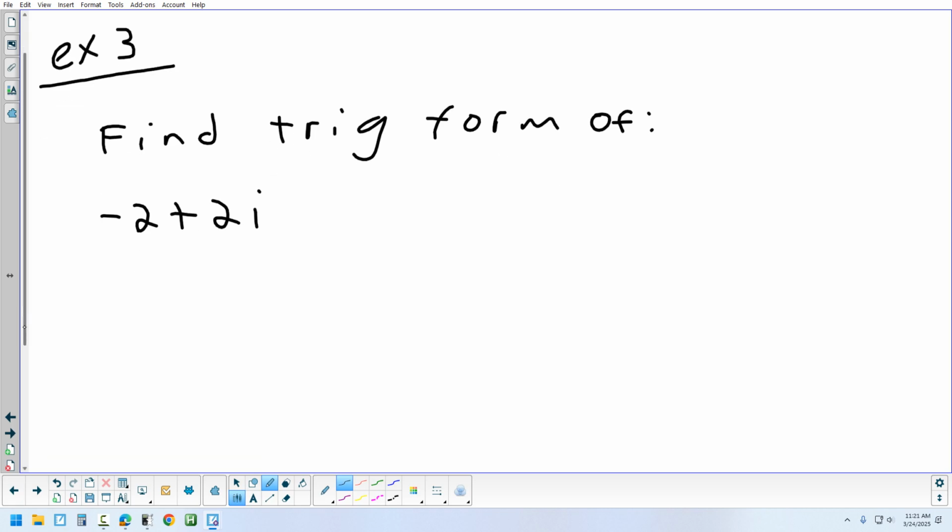All right, so -2 plus 2i. What's the first thing I should do with this coordinate? First thing I showed you today. That's going to make this a little easier to think about. Let's graph it. So -2 plus 2i.